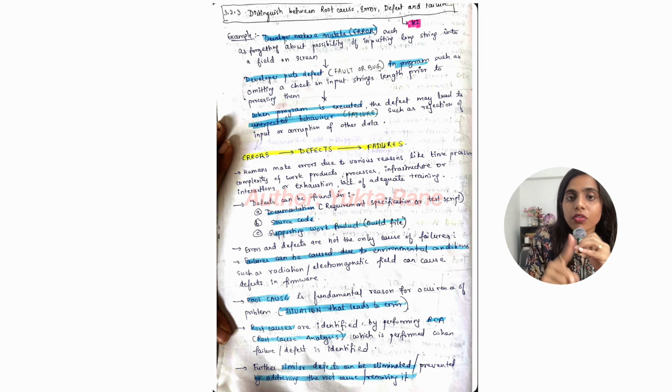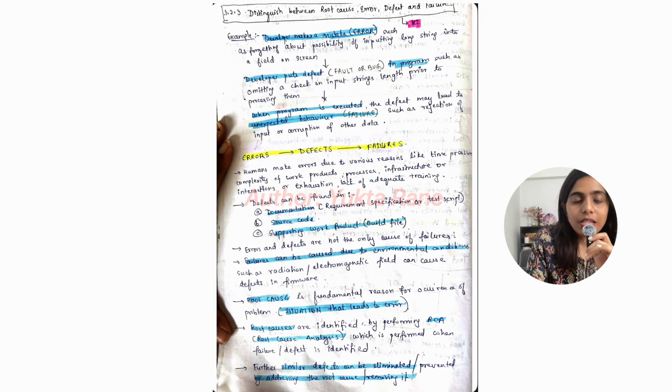So firstly developer forgets, that is a root cause. Then he designs the code such that it doesn't handle long strings, that is error, and that error or defect will lead to failure. Failure in the sense user will not be able to get the expected output when he inputs long text.